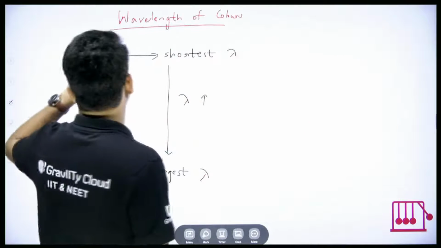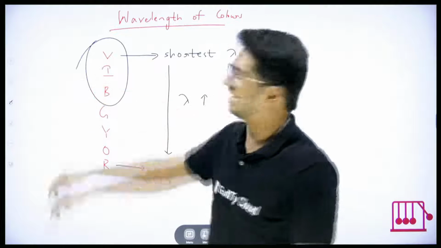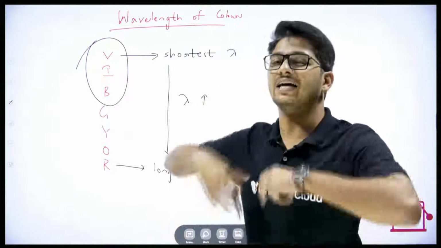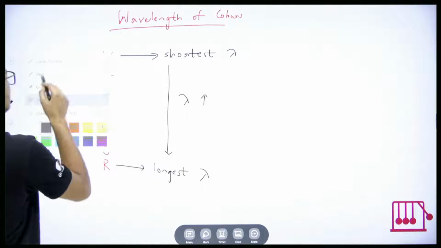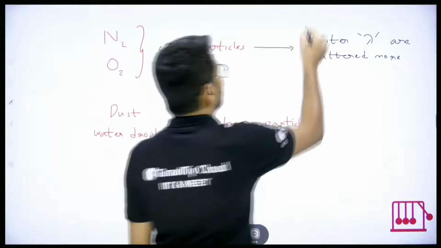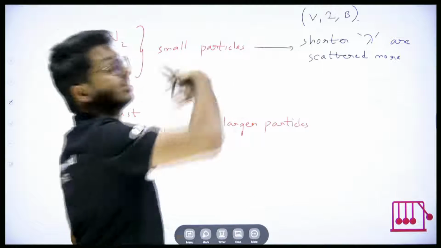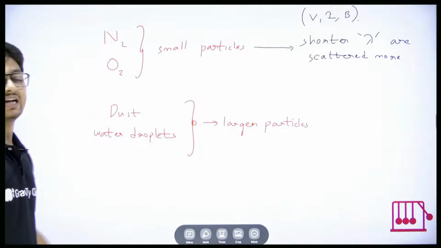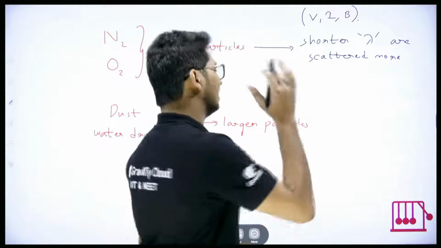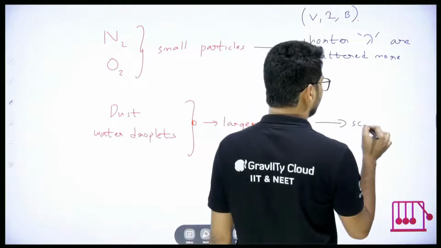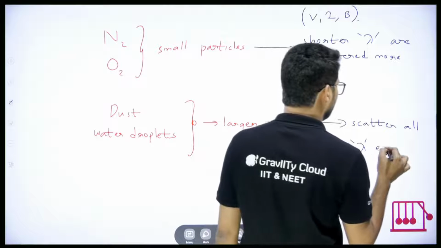And what are shorter wavelengths here? Shorter wavelength is towards violet. So violet, indigo, blue, these are the colors that will be scattered more because of nitrogen. Those are the shorter wavelengths. But when it comes to larger particles, then what will larger particles do? They will scatter all the colors equally. All I can say is scatter all wavelengths equally.